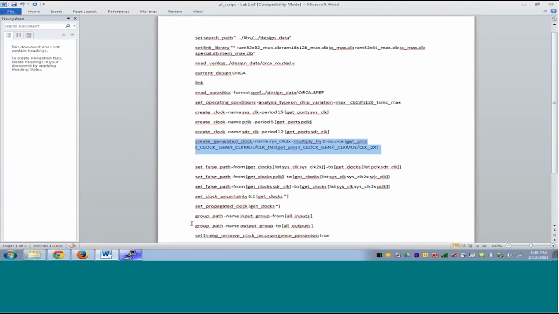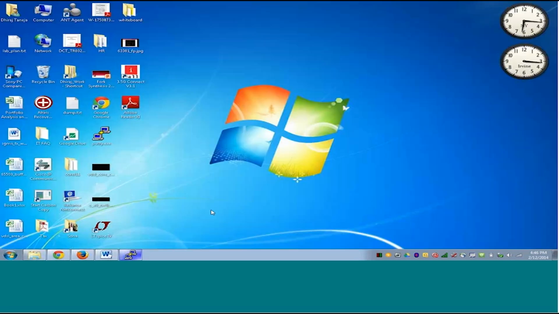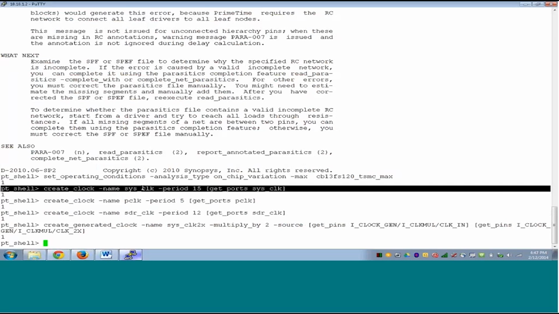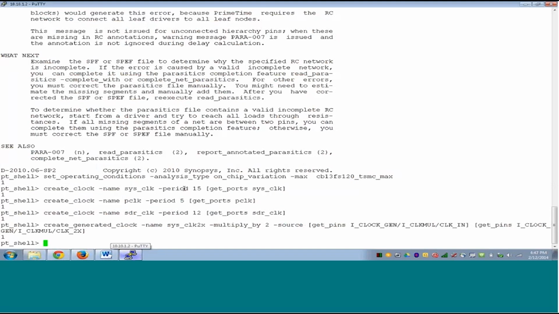Now the next step is that you should specify the clock relationship among all the clocks. In this case, what I have learned from the netlist, or from the earlier timing reports I saw, is that these 3 clocks are not synchronous to each other. Anyway, let's not assume anything, so we will not give any false paths, right? Let's say you are writing the constraints, and you know that these are the frequencies 15, 5, and 12.